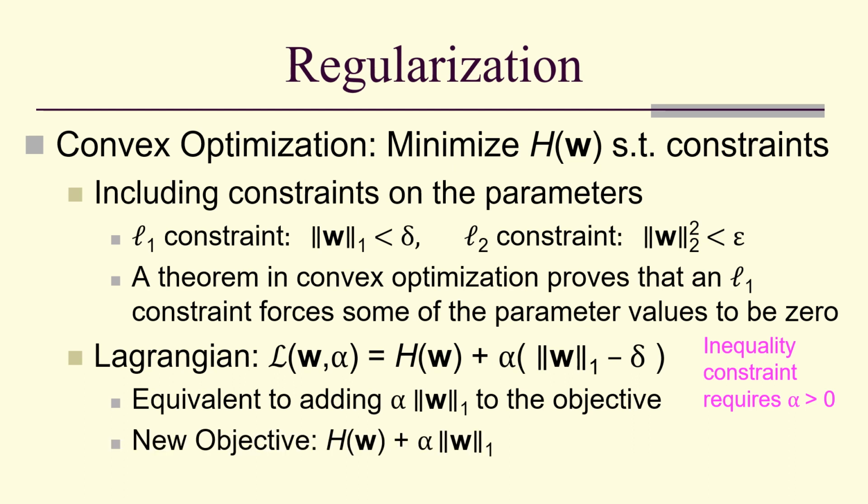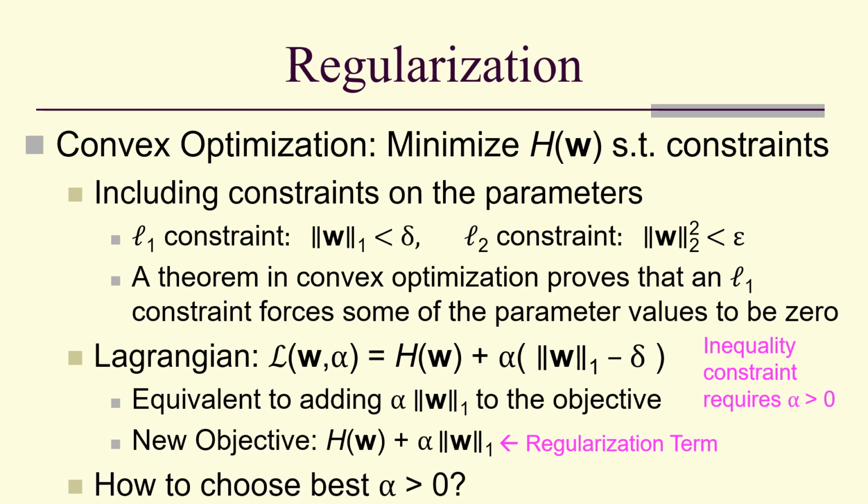So instead of solving a Lagrangian, we actually have this new objective, h of W plus alpha times the one norm of W. So that final term is called a regularization term. And you can prove a theorem in convex optimization that solving the Lagrangian and minimizing with this new objective are in some sense equivalent.